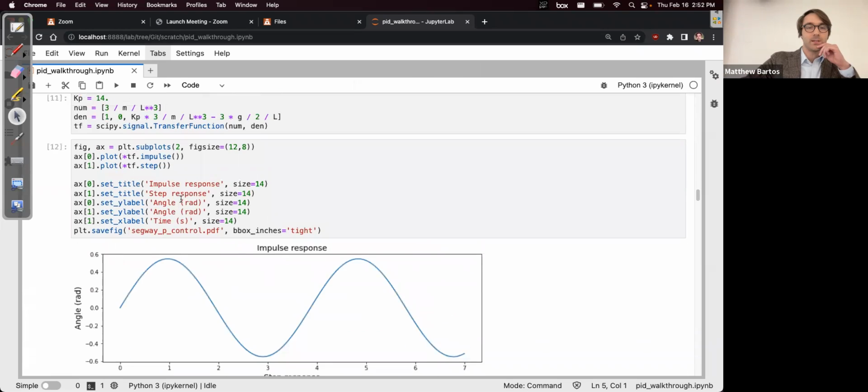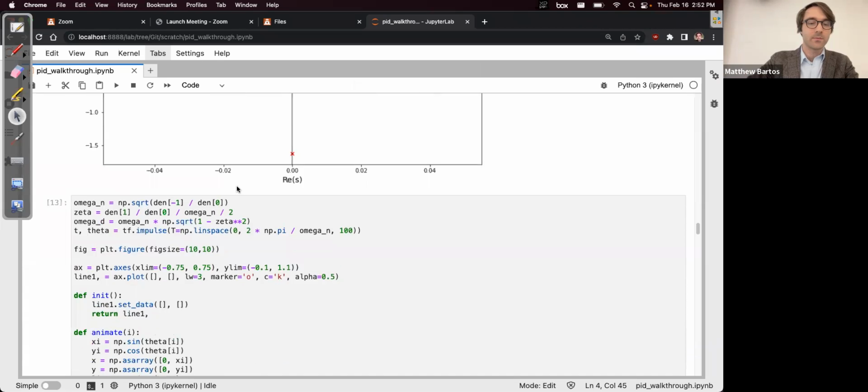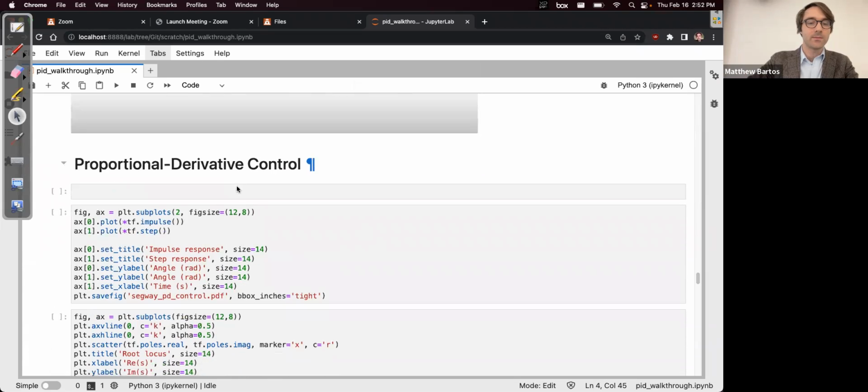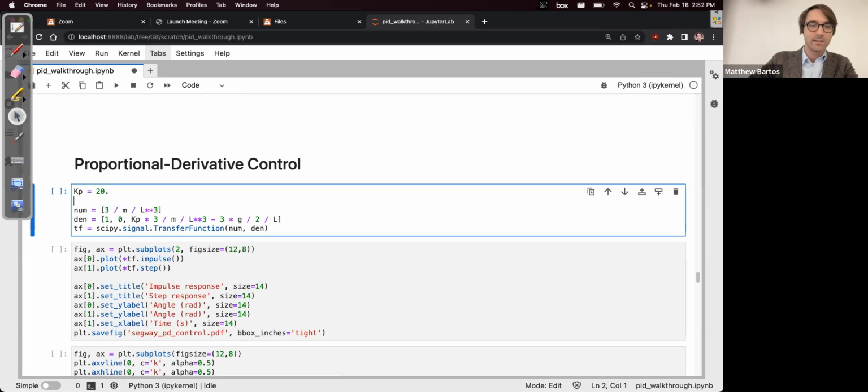Okay, so I'm going to copy this here, and let me just figure out what coefficients I want to use. We're going to have something very similar. Let's set Kp equal to 20 and Kd equal to 1. These are kind of arbitrary here.